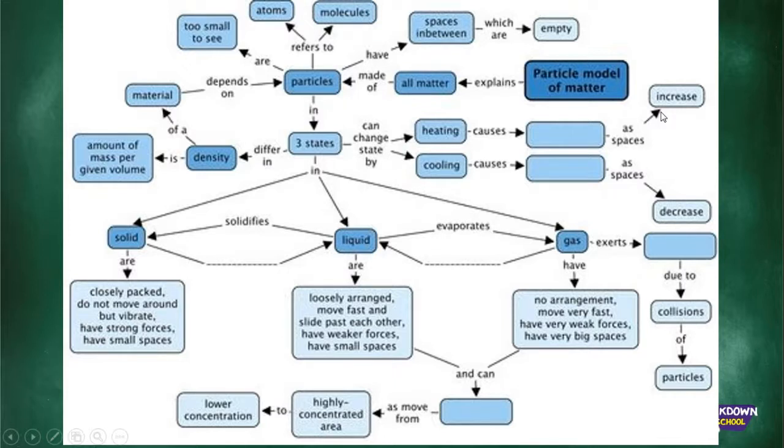Does anyone know? Okay, so I will tell you. Basically, vibrations. The heating causes vibrations as the particles increase. Okay? And then we say the cooling causes, let's see, what does the cooling cause? Cooling causes a loss of energy as the spaces decrease.